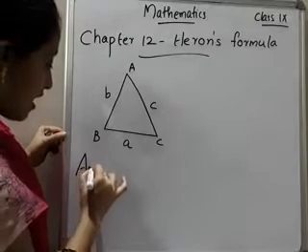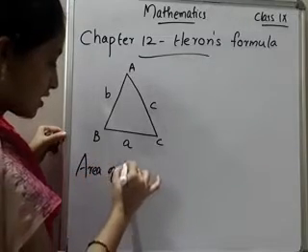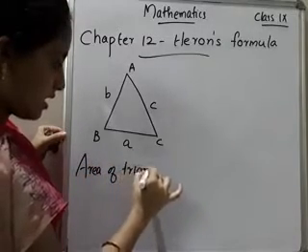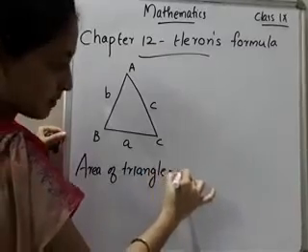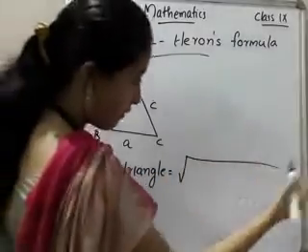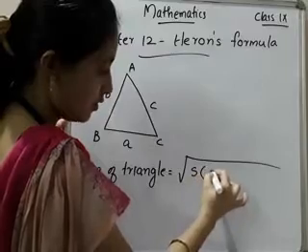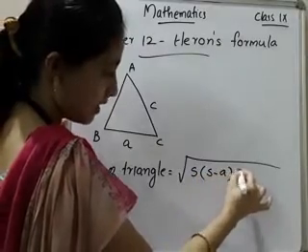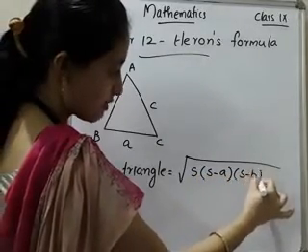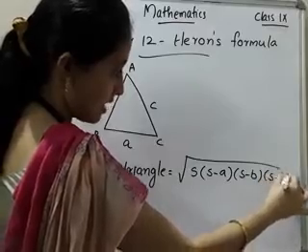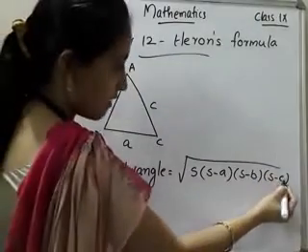Area of triangle is equal to root of S into S minus A into S minus B into S minus C. What is the formula?